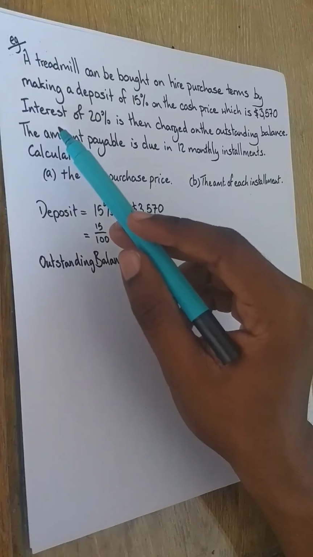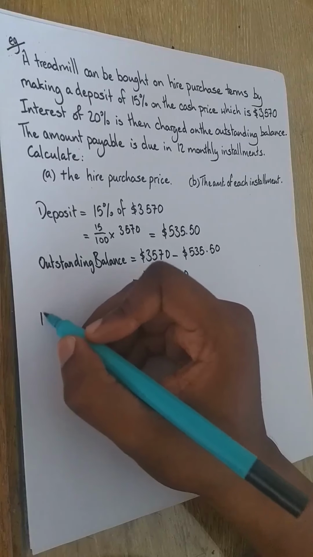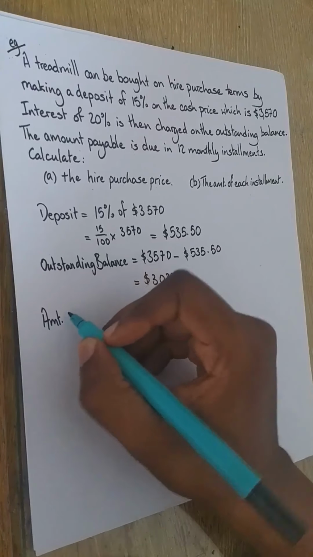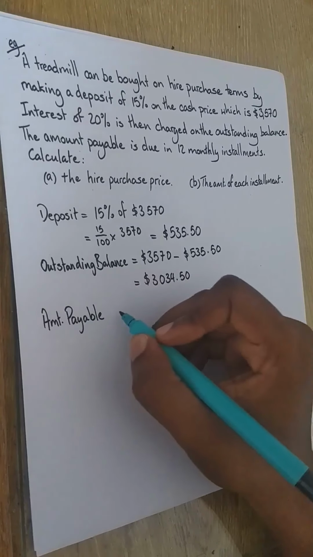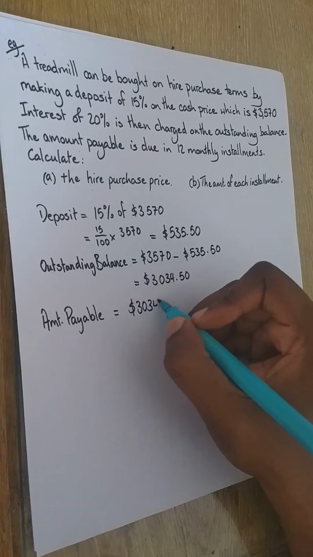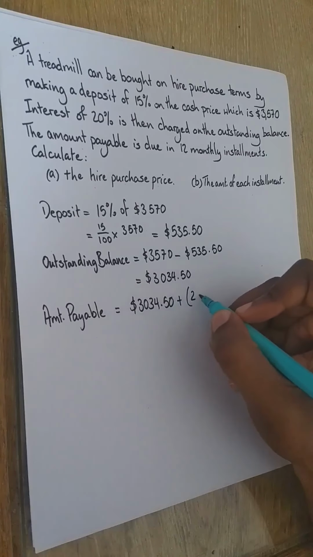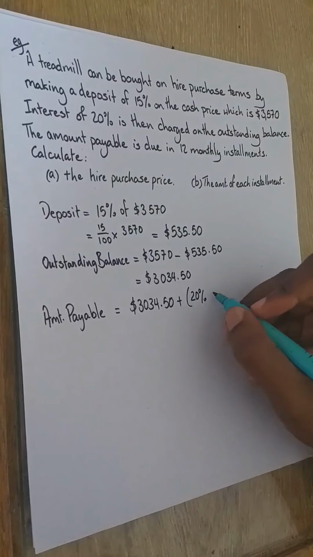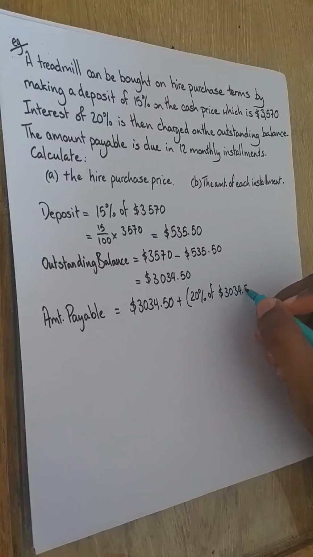This outstanding balance is then charged an interest of 20% to give you the amount payable. So the amount payable is the money remaining to be paid, the outstanding balance, plus 20% interest, so 20% of that same figure.